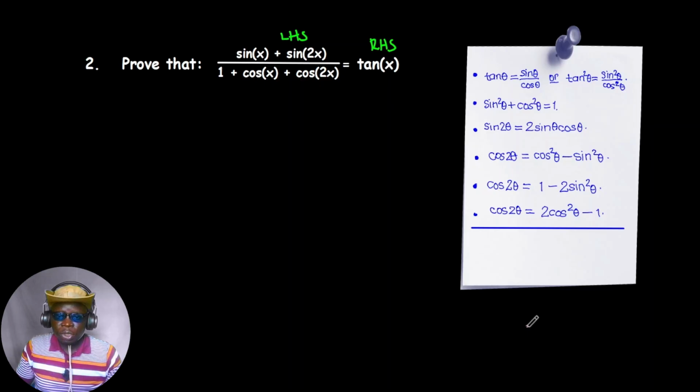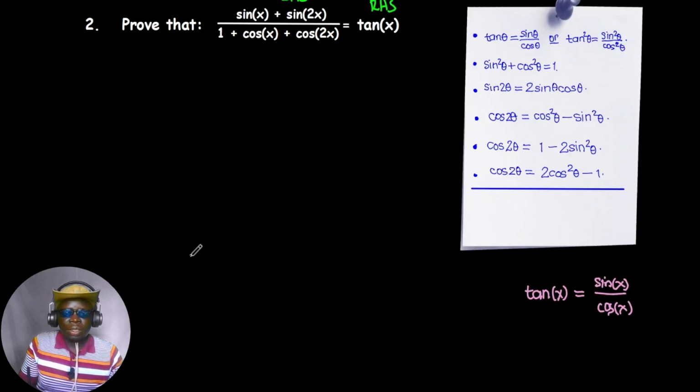So it's always good to bring what you are trying to look for near you, and it will also guide you. We know from our grade 11 identity, tan x is given by sine x over cos x. So after writing it here, we copy our question down here where we're going to consider simplifying it.